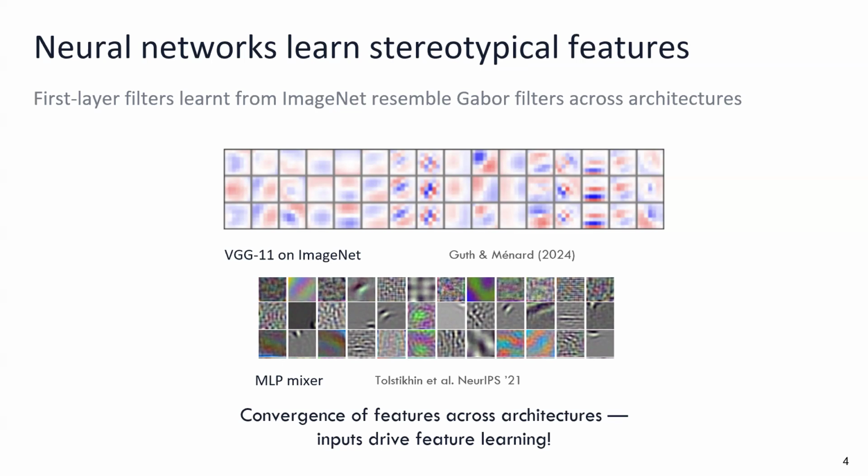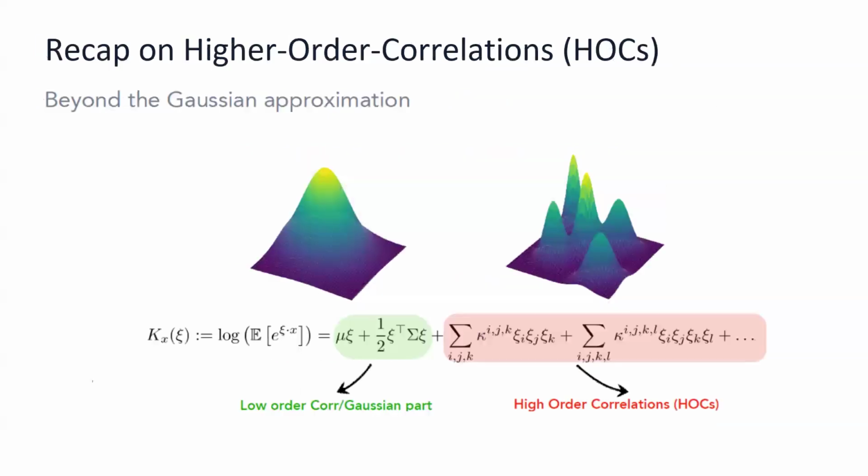It's really something that depends on the data that you're trying to learn, and some properties inside the data are implying that you will learn such filters. So what we try to do is to analyze the statistical properties of data, and try to understand how this filter structure depends on the statistical properties of data.